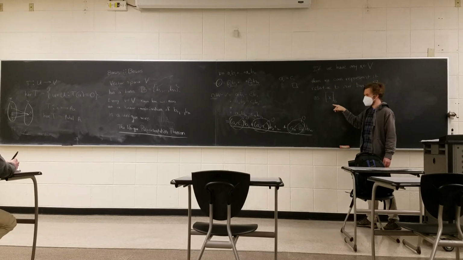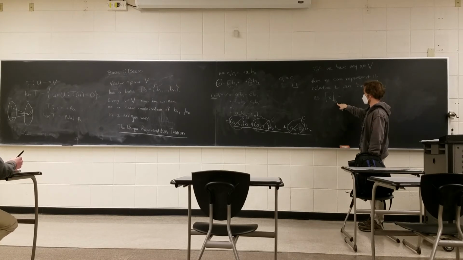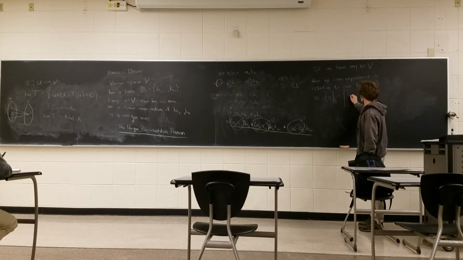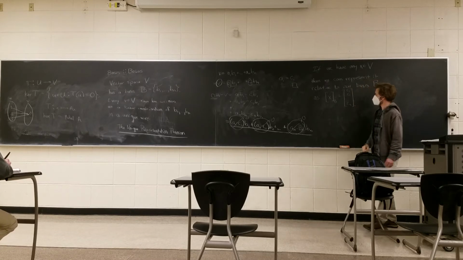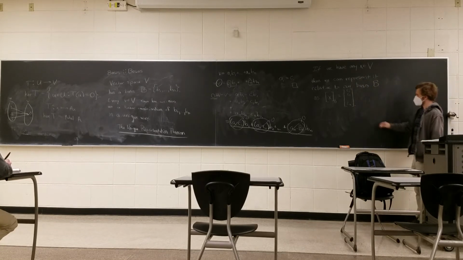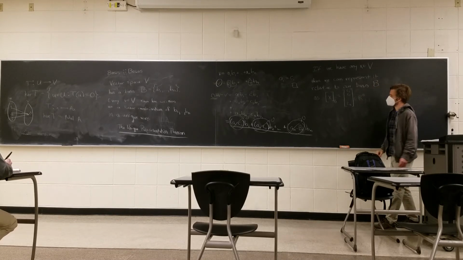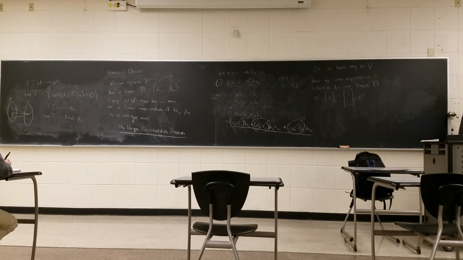We're saying this is the representation relative to B. Okay? We represent it as this column vector. And this column vector is, of course, an element of Rn.